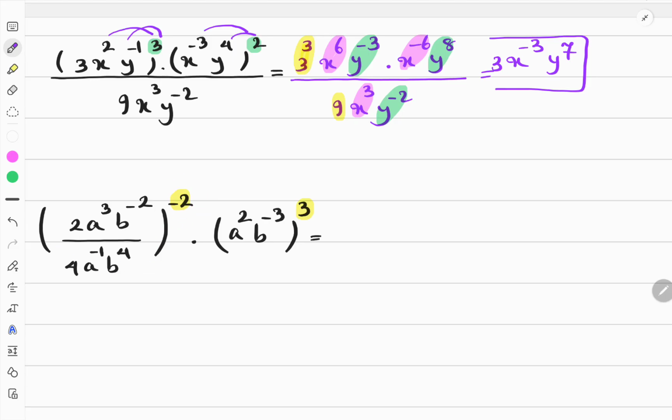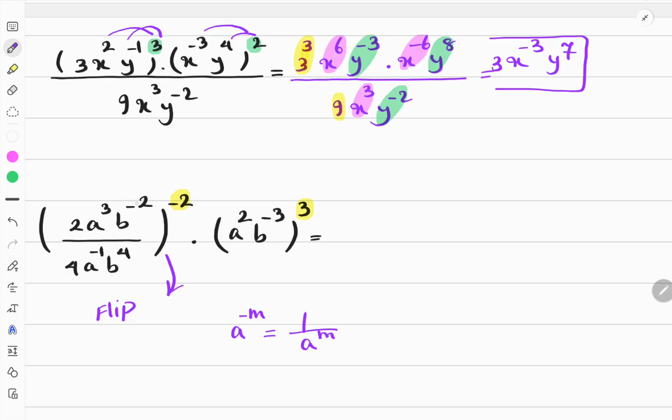Okay, before raising all terms to negative 2, I'm gonna flip this fraction, because I'm gonna change the negative 2 to positive 2. So according to negative exponents, when you have a negative power, you're allowed to find the reciprocal of the base and write the opposite sign of the exponent, which is positive.